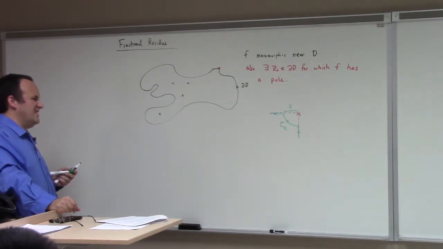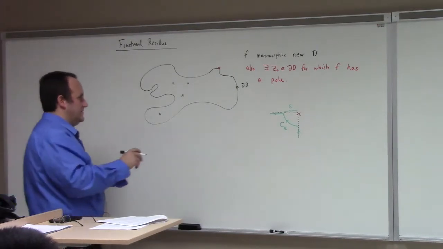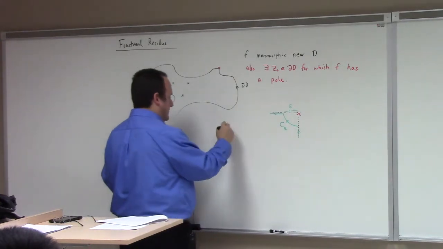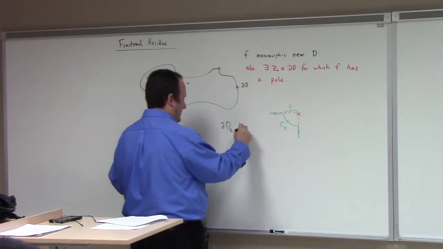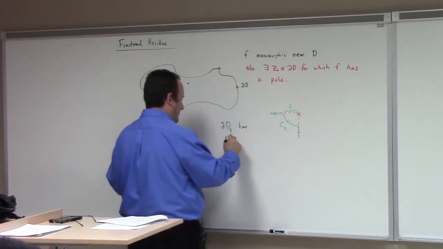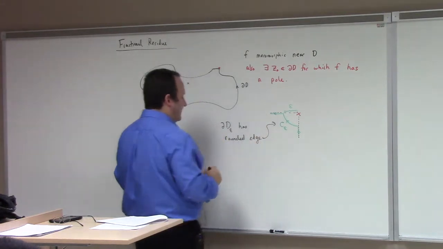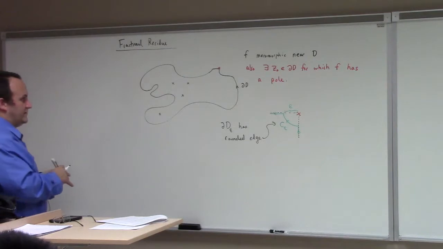So if we look at the modified D, let's say, continuing this pattern, let's say D epsilon, the boundary of D epsilon has the rounded edge, right? Then if we look at that contour, what can we do?